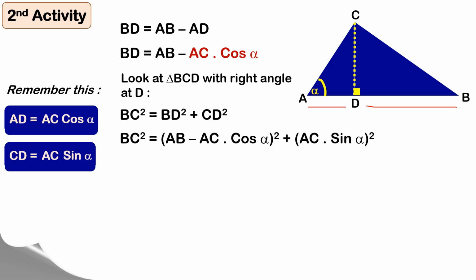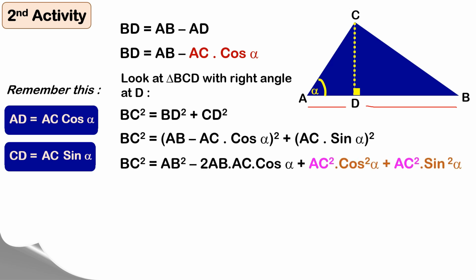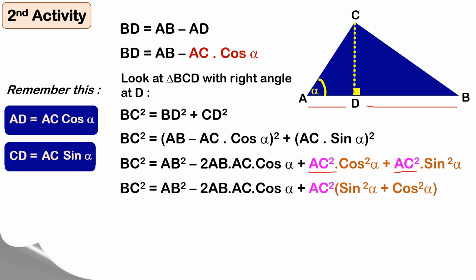The results of both squares are shown in this section. From the two results of the square, there is a common part, namely AC squared. So we make the factorization like this.